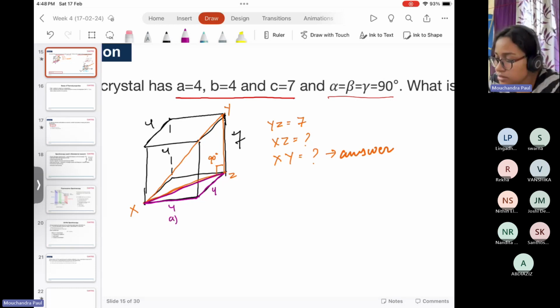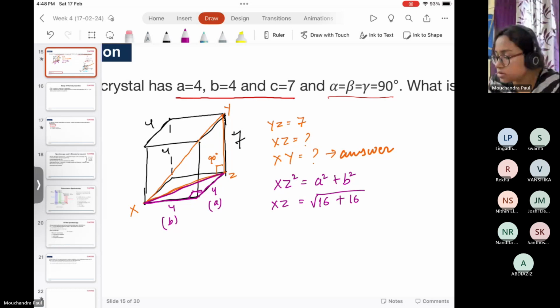This is B and this is A. So this particular corner is 90-degree, and for finding XZ we will use the Pythagoras theorem. So XZ will come out to be root 32.